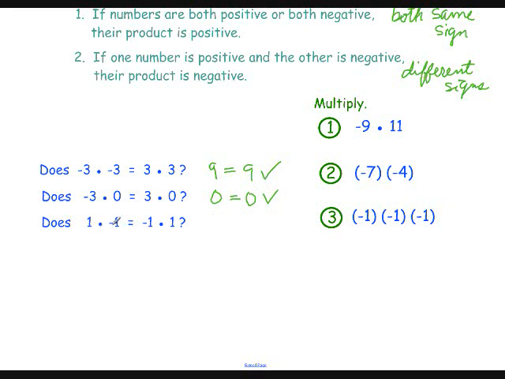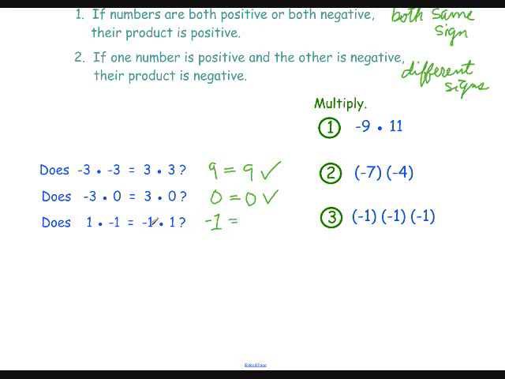Does 1 times a negative 1 equal negative 1 times 1? Well, this has got two factors with different signs, so their product is going to be negative 1. Same thing here.